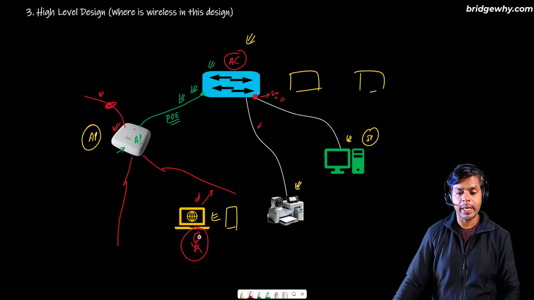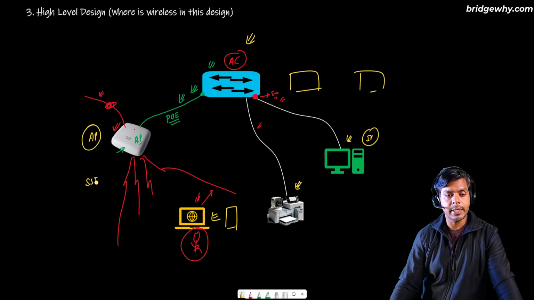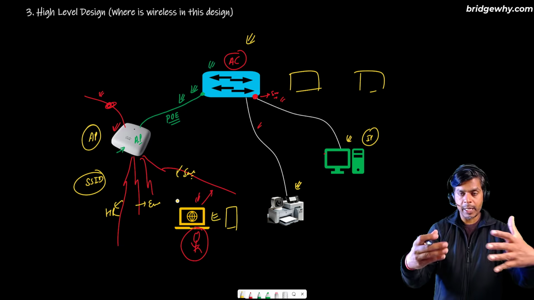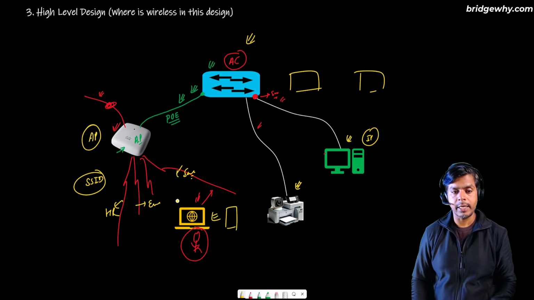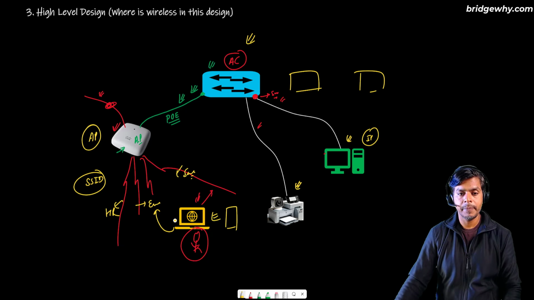Believe me, what I can do is I can give three different types of signals, which we call SSIDs. One SSID is going to be for HR, one for engineering, and another one for sales. When I open my laptop, I will be seeing these three things, right? And if an engineer is there, he or she will be connecting to the engineering SSID.